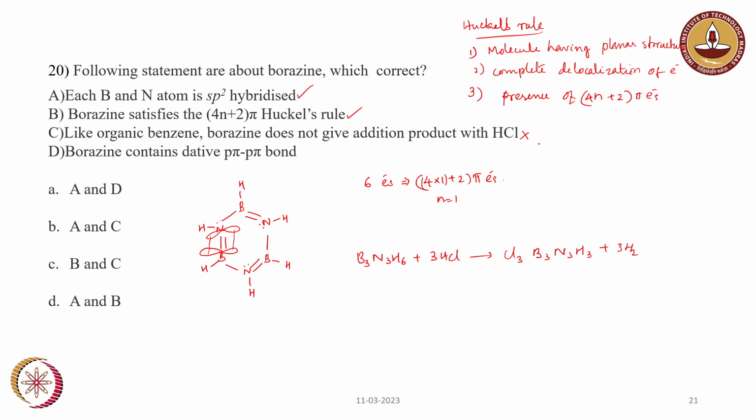So this statement is wrong. Option D is borazine contains dative p-pi bond. This statement is again wrong because borazine does not contain dative p-pi bonds. The electrons are delocalized. So option D is the answer.